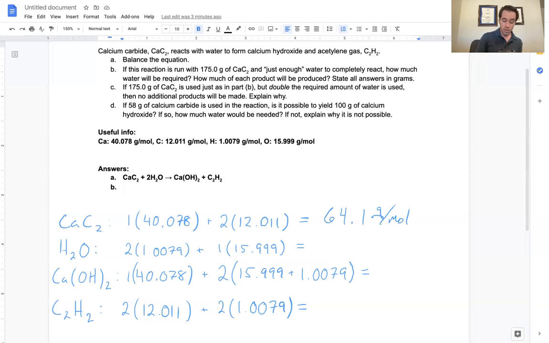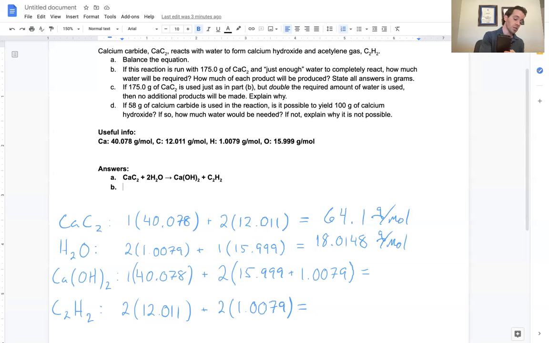H2O is 2 times 1.0079 plus 1 times 15.999, 18.0148. Calcium hydroxide, 40.078 plus 2 times 15.999 plus 1.0079.